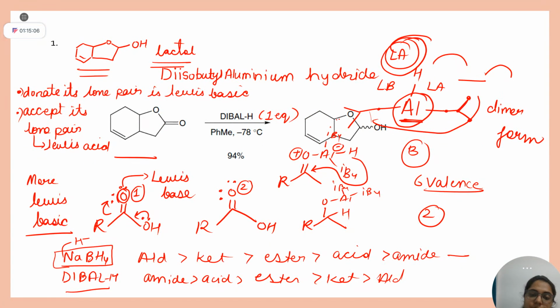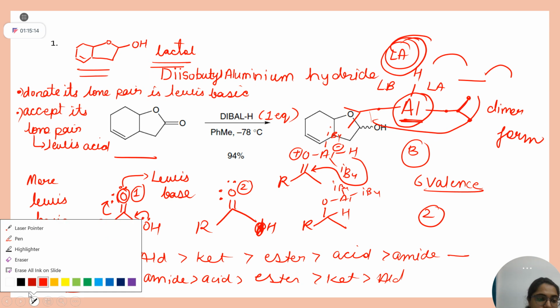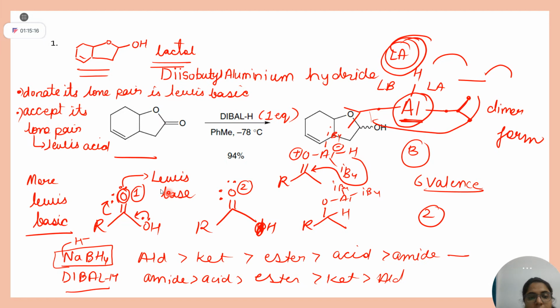The more basic oxygen is your carbonyl oxygen of the acid, then the aldehyde. So first aluminium will bind to this and it will give hydride. Therefore in DIBAL-H, the order of reactivity is amide, acid, ester, ketone, then aldehyde.